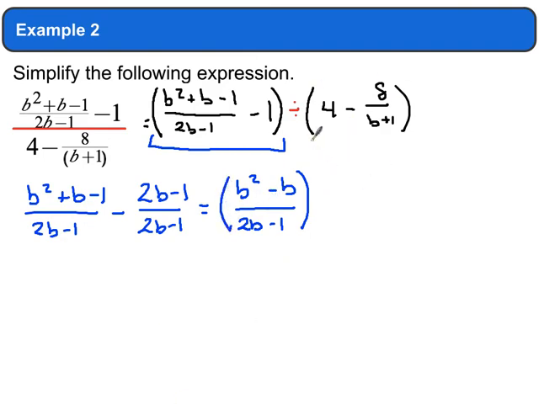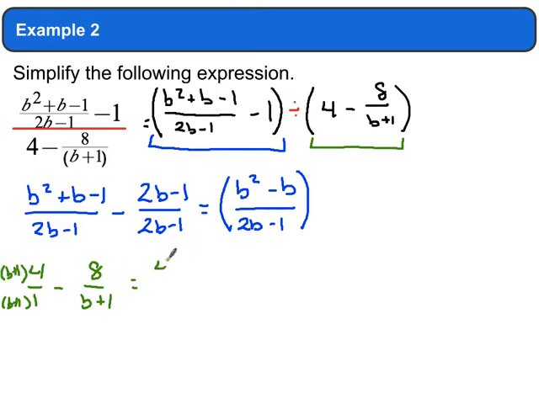Let's say we do this one in green. So now in that one we have 4 over 1 minus 8 over b plus 1. So that means I need to multiply this side by b plus 1 on top and bottom.